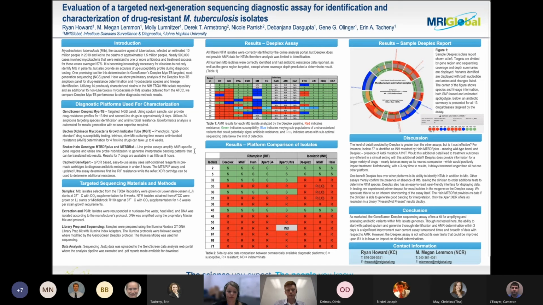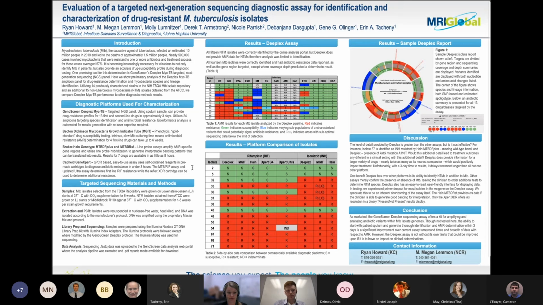And then the last was the Cepheid Gene Expert. It's a self-contained cartridge, very, very easy to use, very little training required for that. And you can get antibiotic resistance information only for rifampin in under 3 hours.